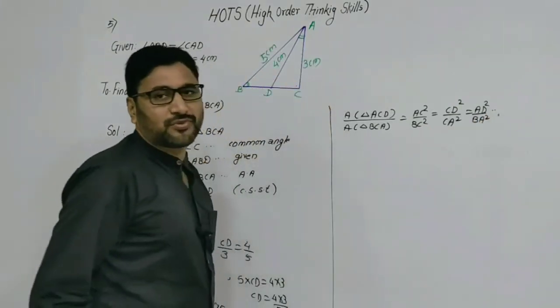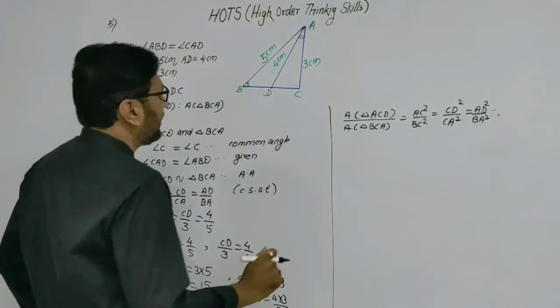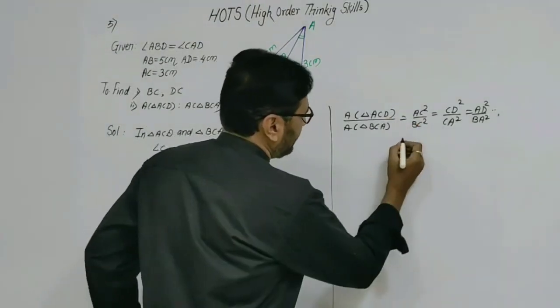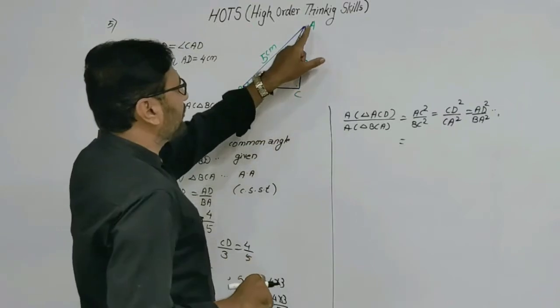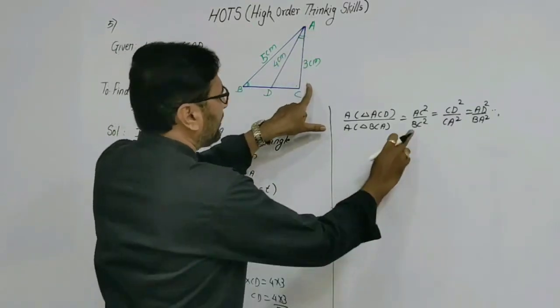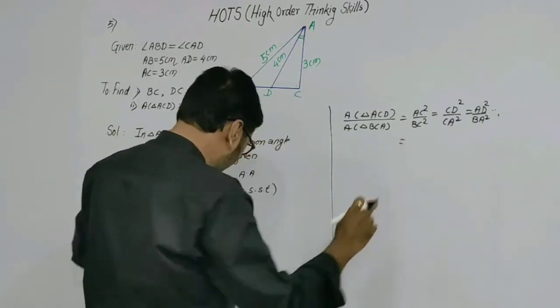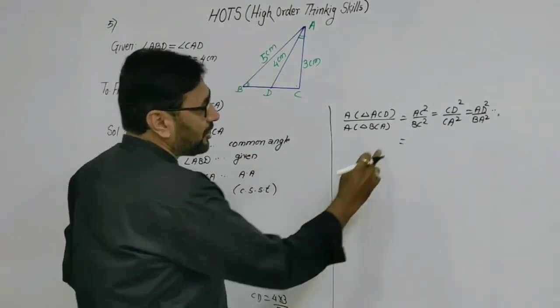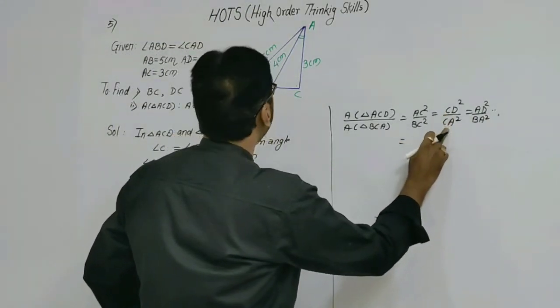Reason, theorem on areas of two similar triangles. Try to put the values, AC, do we know AC? Yes, we know AC. Do we know BC? Yes, we know BC, but it is in decimal. So instead of taking this, try to take CD and CA.